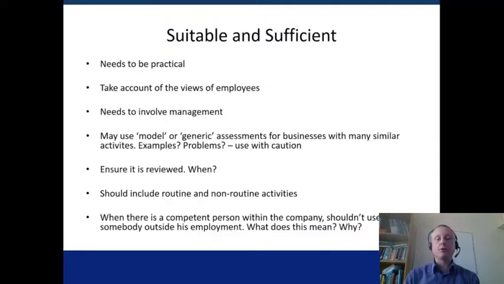It may use model or generic risk assessments for businesses with many similar activities. I'm sure you can all come up with a few examples for this. If you've got a chain of fast food outlets, then you'll find that the risk assessments are going to be looking at the same hazards in the same situation in each and every one of their kitchens.